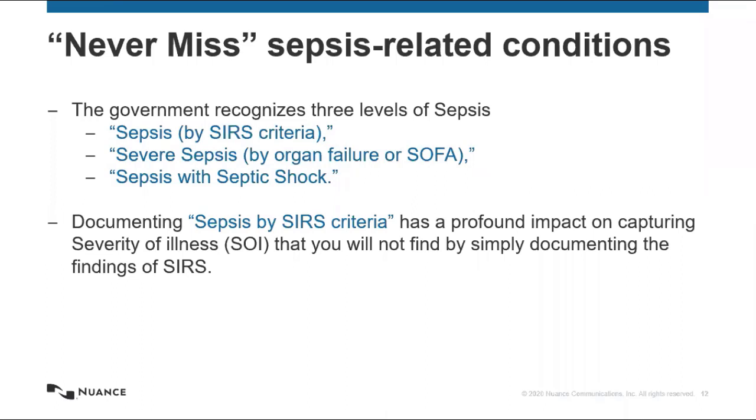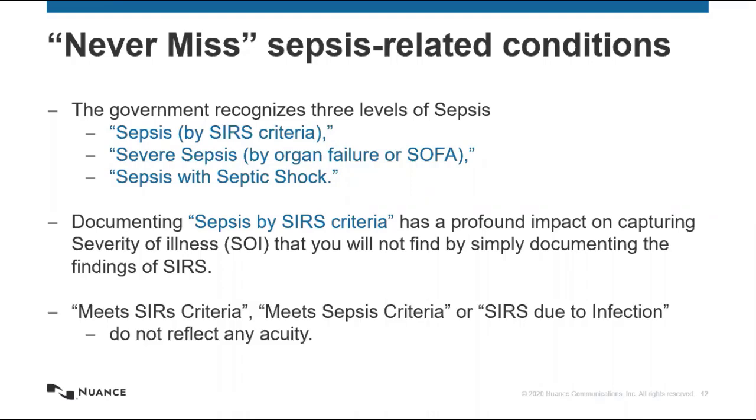I will not get into the debate of SIRS versus SOFA, but please understand that if you miss the concept of sepsis by the SIRS criteria, it will have a profound impact on capturing severity of illness, because simply waiting for organ failure will not get you the same level of acuity as simply putting down the SIRS criteria, those symptoms.